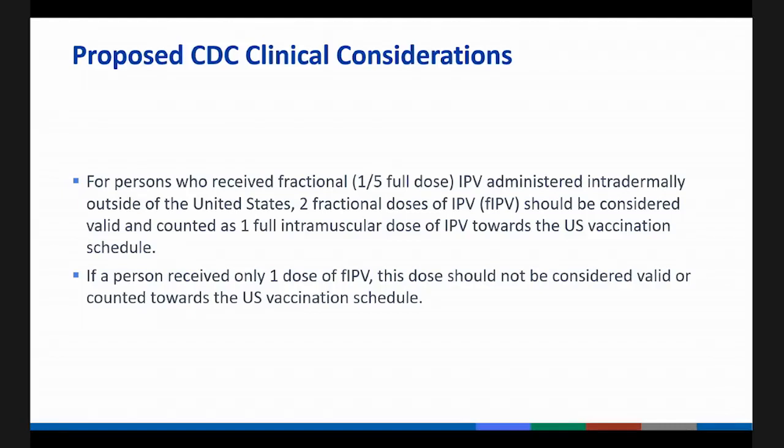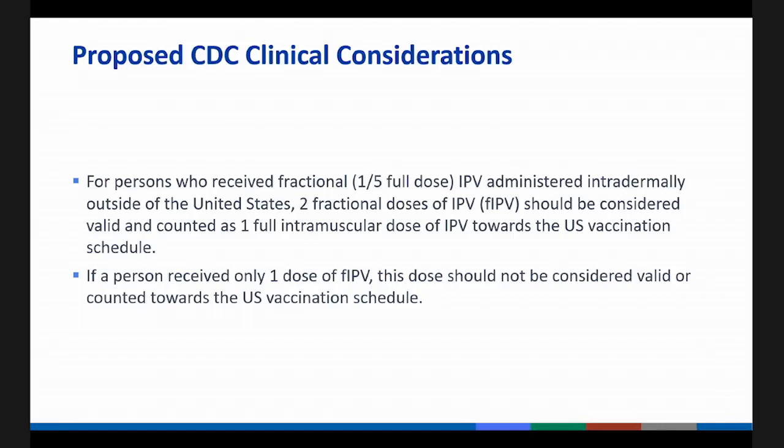Any other question? Dr. Daly? Is the plan long-term to use fractional? Because my understanding was it was because of an IPV shortage at a time when there was more circulating vaccine-derived polio. Polio is still a global public health problem, and then there was a shortage of IPV.